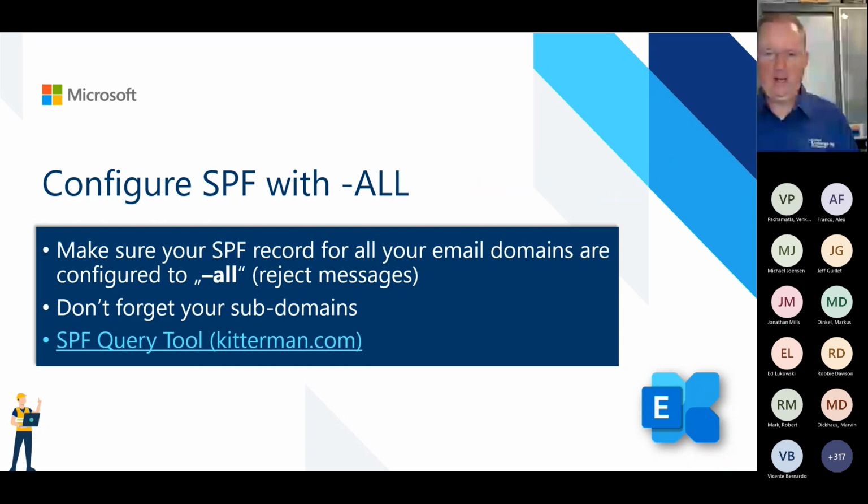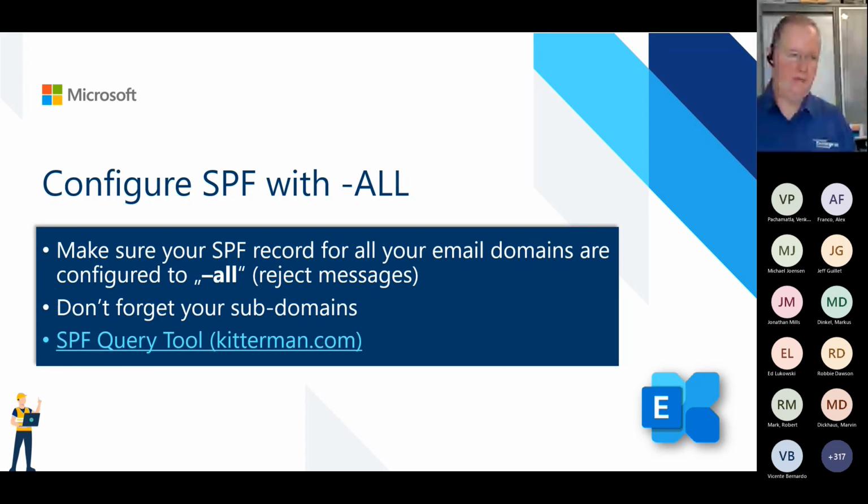Next one is configure SPF with -all. I remember when I started with Office 365, SPF was a recommendation, and they had this tilde all. Tilde all means it's not rejecting the message; it's more informal. The -all tells the target server that you should reject any email from any server that is not listed in your SPF record.